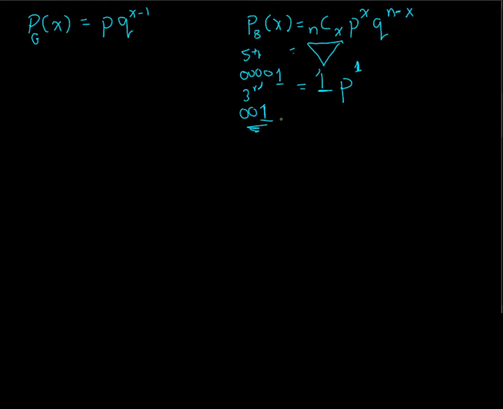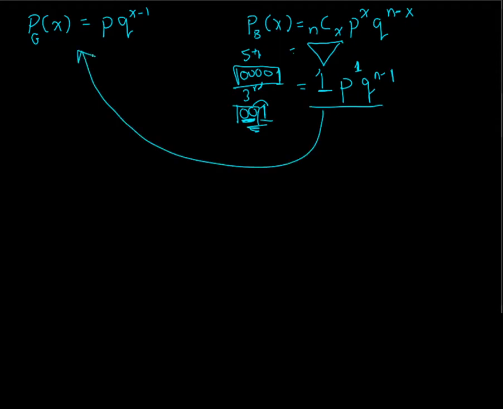Now, the number of failures is however many trials you had, less the one you're on. Here, notice there are 2 failures. Here, there are 4. In this case, it's n minus 1. And this gives us the same thing as the geometric distribution.